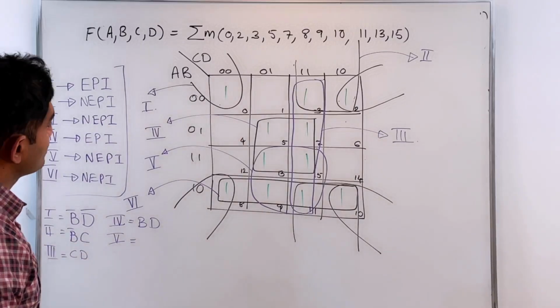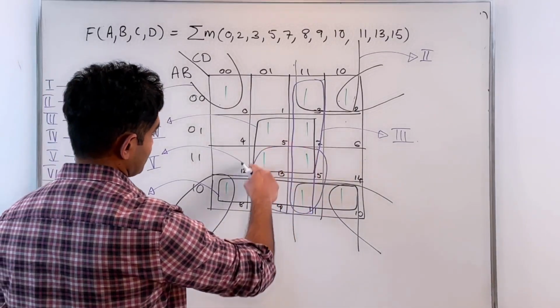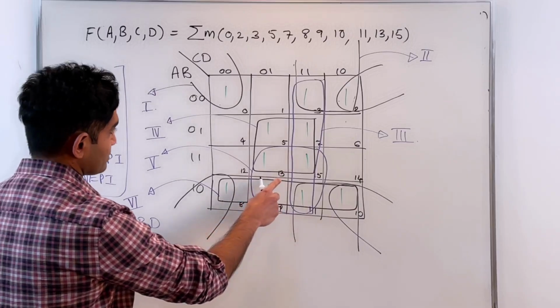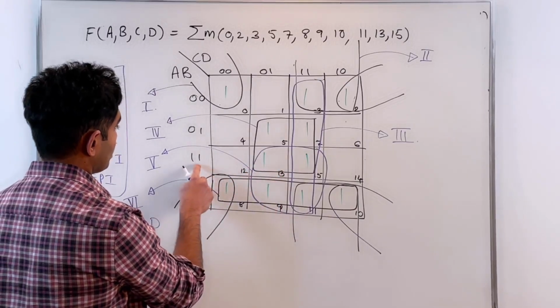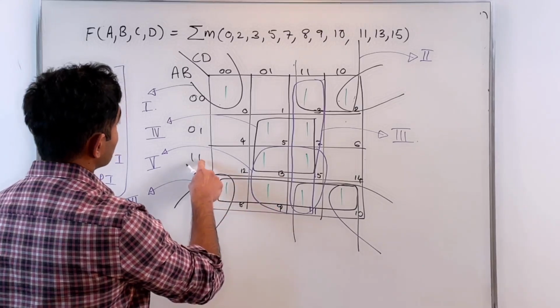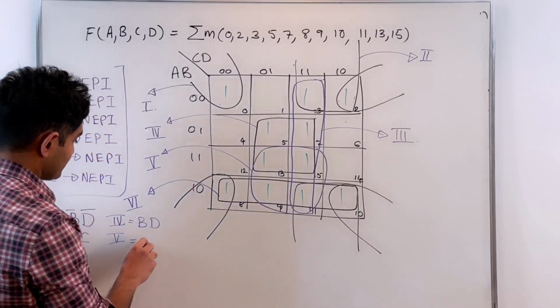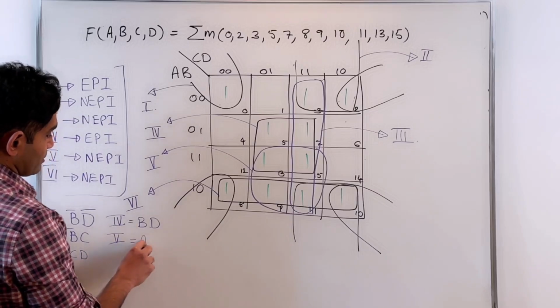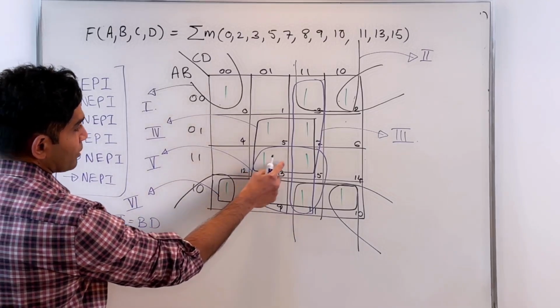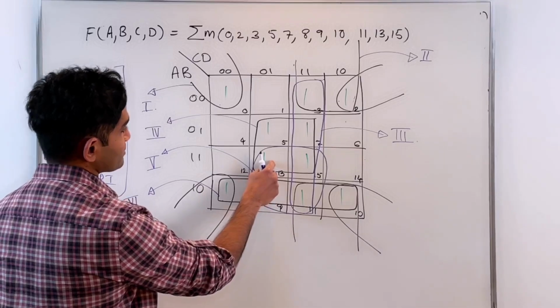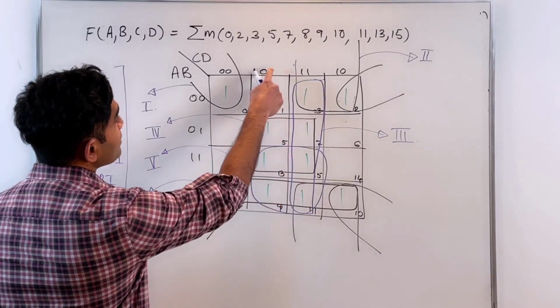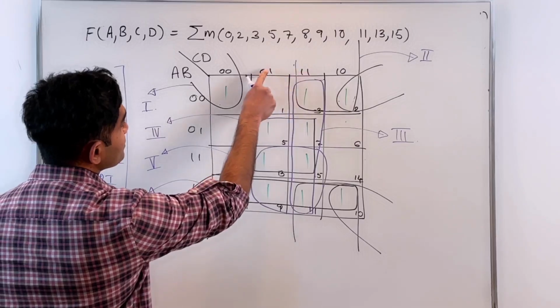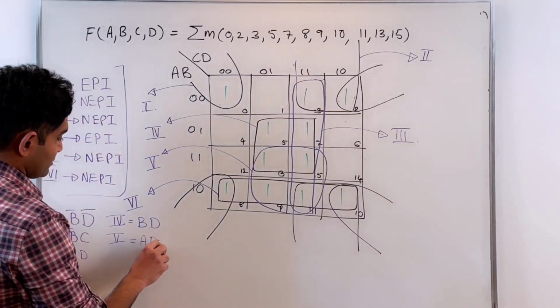5 would be this combination. When I go vertically, 1, 1 to 1, 0, B changes, A remains as A. When I go horizontally from this adjacent cell to this adjacent cell, C changes, D remains as D. That's it.